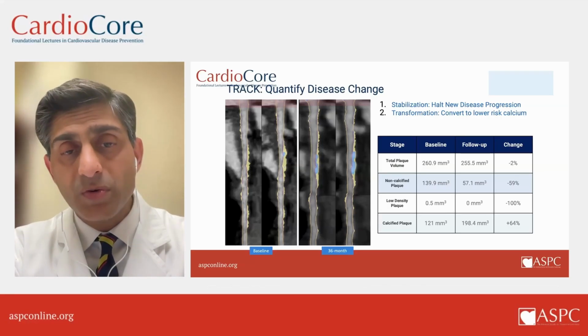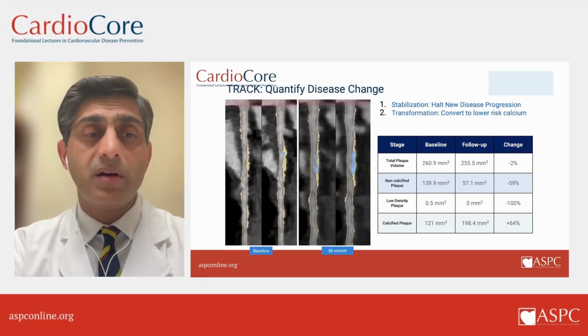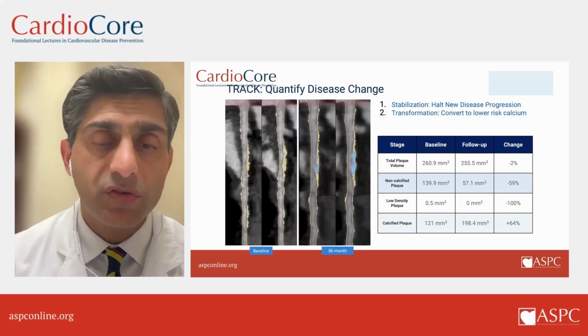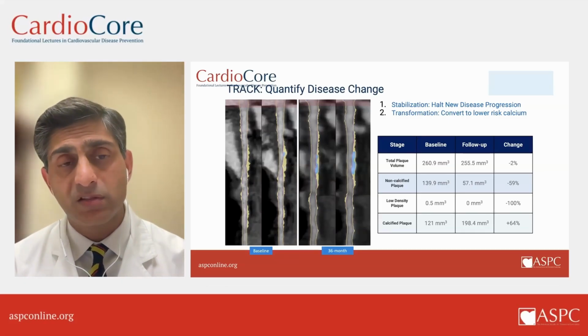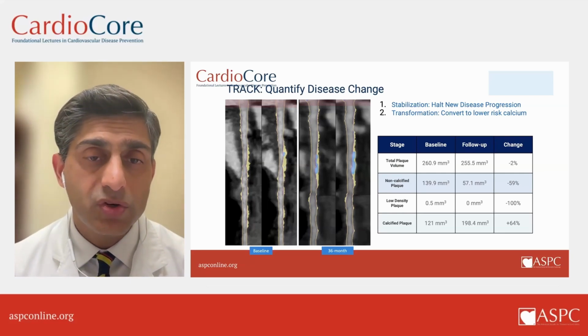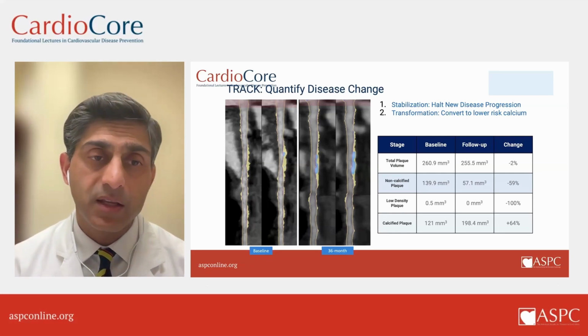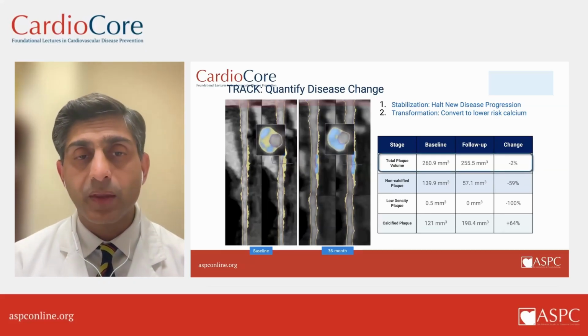Of course, this is one of the reasons why we don't repeat calcium scores, but the point being here is that with identification of total plaque volume, identifying how much, quote, soft plaque you have and calcified plaque, and then tailoring the therapy to the patient, you can truly show, for example in a case like this, stabilization of plaque over time.